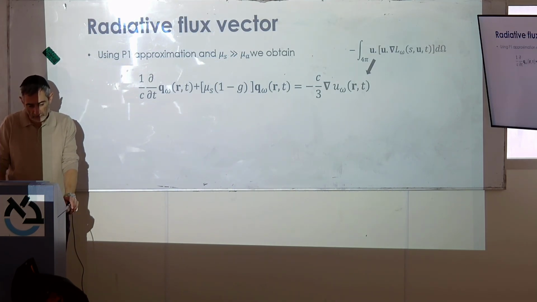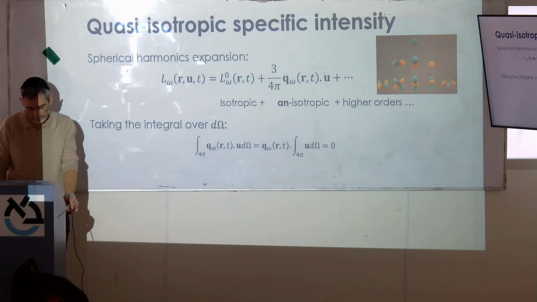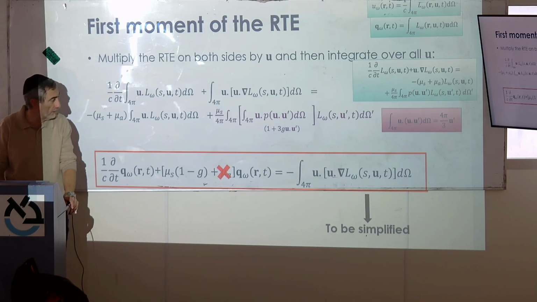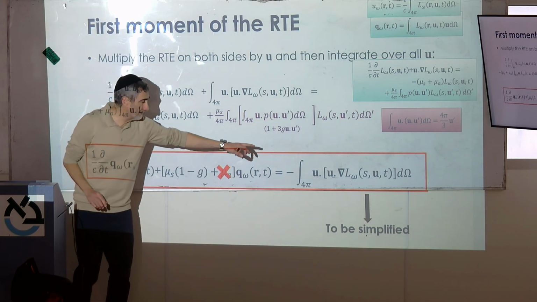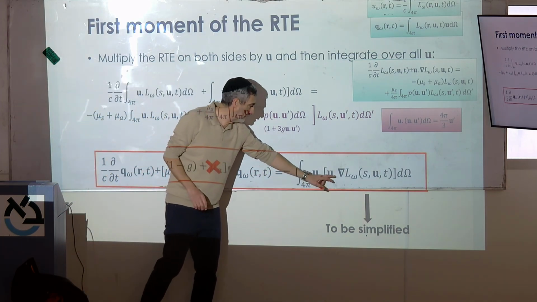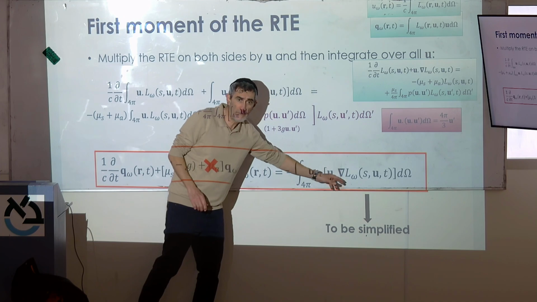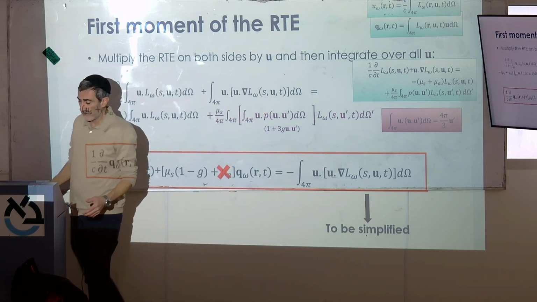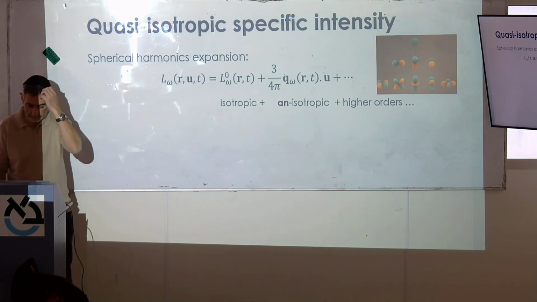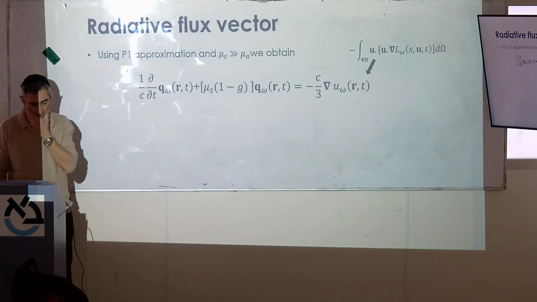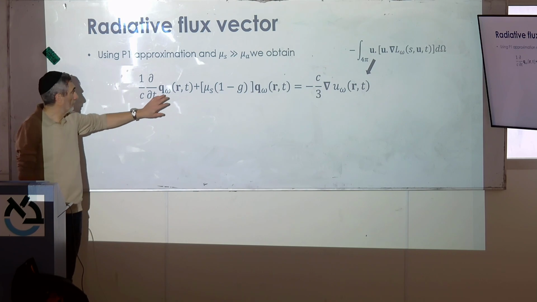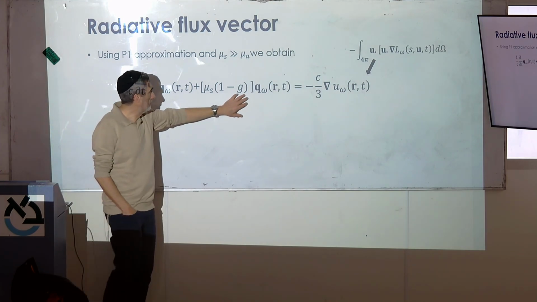Now let's go back to the radiative transfer equation. You remember, we end up with this equation on Q, but on this side we have this ugly term here. We are going to replace L of omega by L0 of omega, simply. So Q first derivative times this term here.